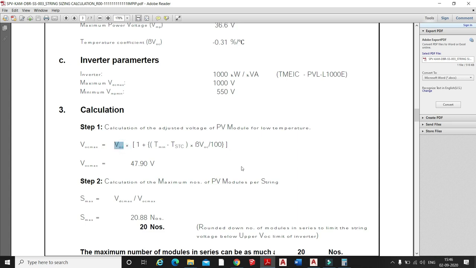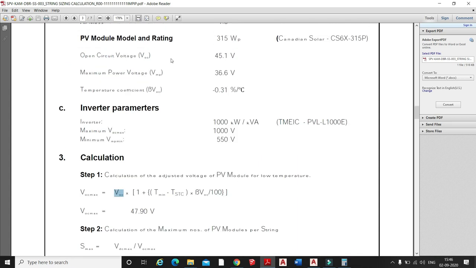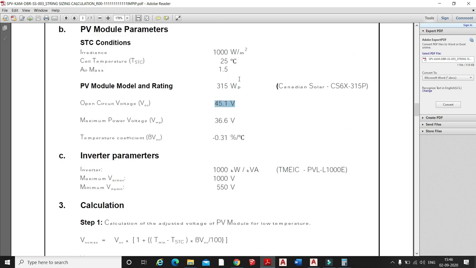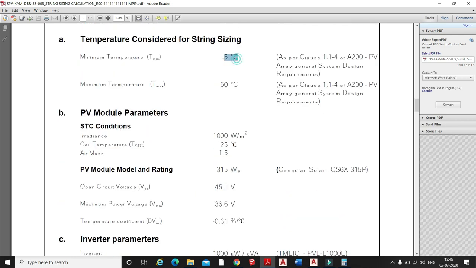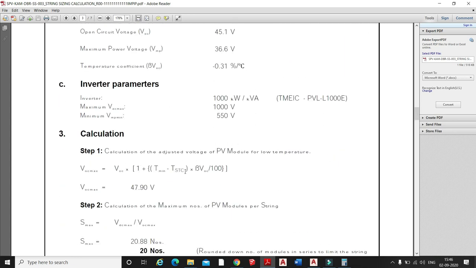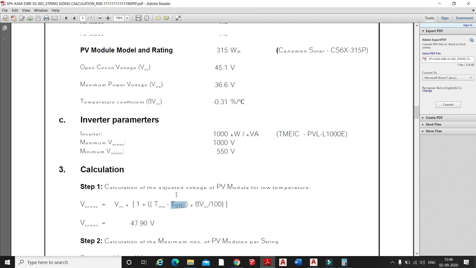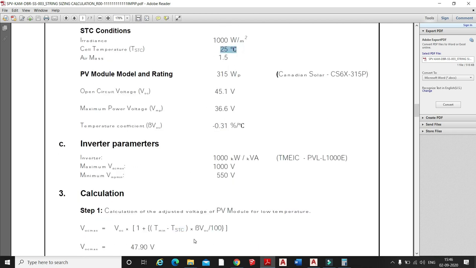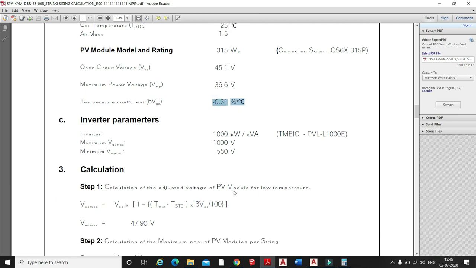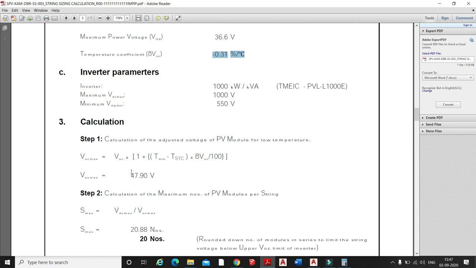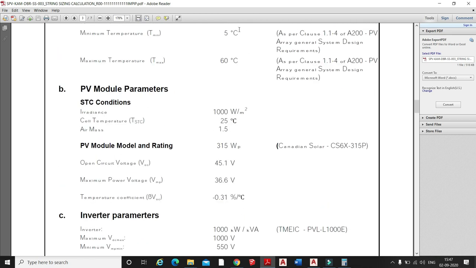Your VOC is your module open circuit voltage, T minimum is your site temperature, 5 degrees, TSTC is the standard temperature of your module, which is 25 degrees centigrade, and beta VOC is your temperature coefficient, -0.31 percent per degree centigrade. When we put the values, we get VOC max as 47.90 at minimum temperature 5 degrees.